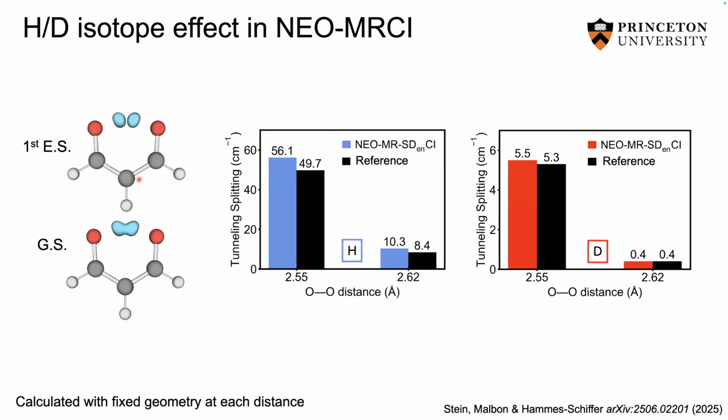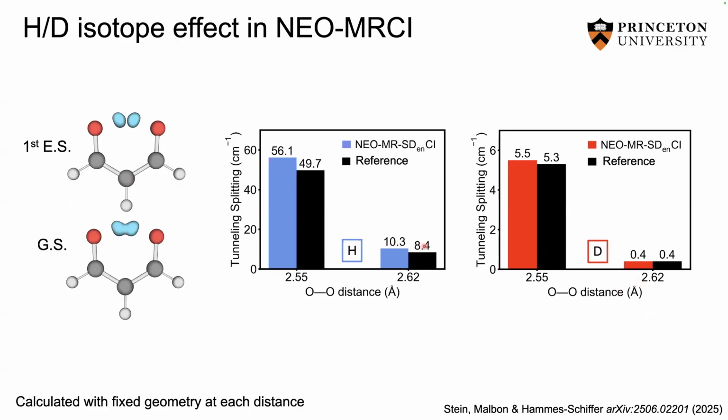So in this case, we're looking at this larger molecule compared to the previous ones, malonaldehyde, where again the heavy atoms are fixed at each donor acceptor distance. But what we see is that we can accurately capture the proton tunneling splitting, and we can also accurately capture the tunneling splitting if we substitute deuterium.